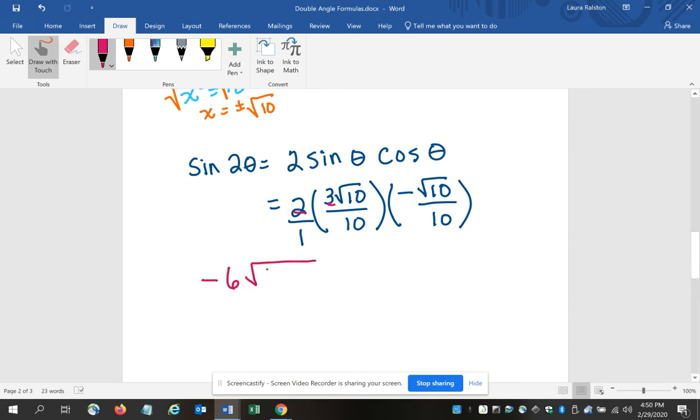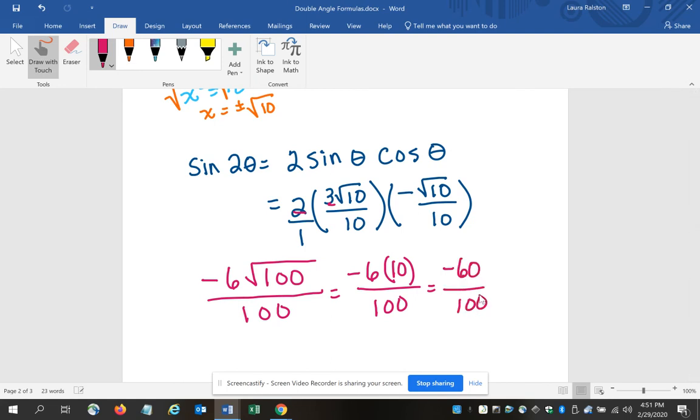Square root 10 times square root 10 is square root of 100. And 1 times 10 times 10 is 100. So I have negative 6, square root of 100 is 10, so I have negative 6 times 10 over 100, which is negative 60 over 100.